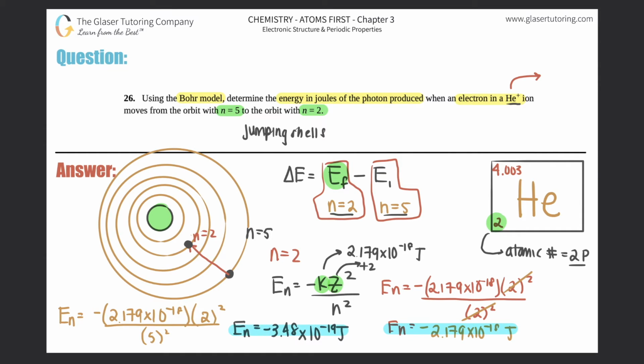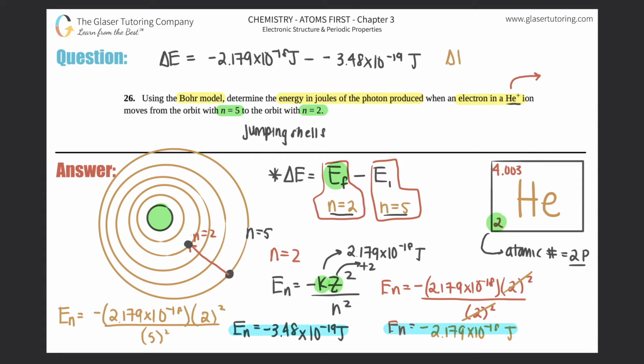So now I just have to do this formula to solve for the change in energy. So delta E equals final, which was second, so that was the negative 2.179 times 10 to the negative 18th joules, minus the negative 3.48 times 10 to the negative 19th joules.